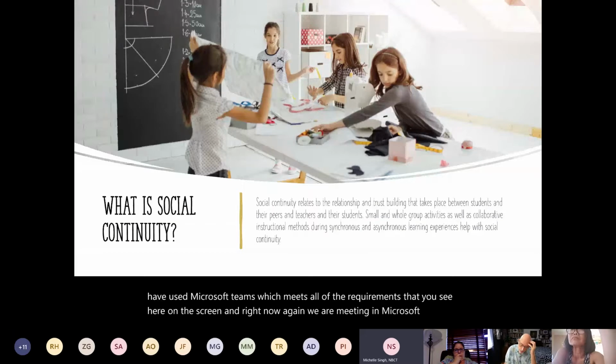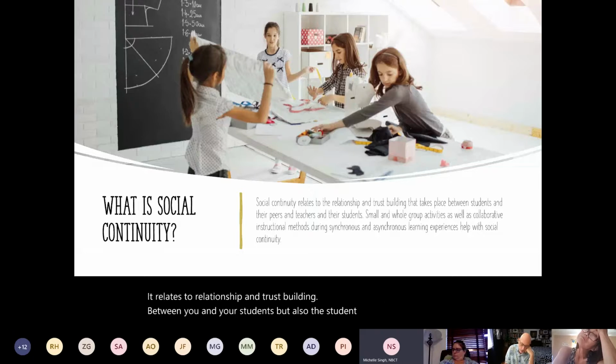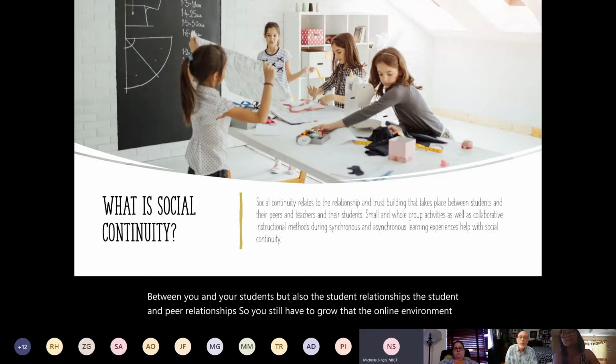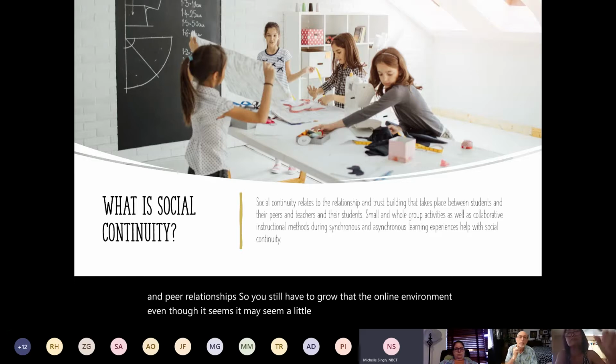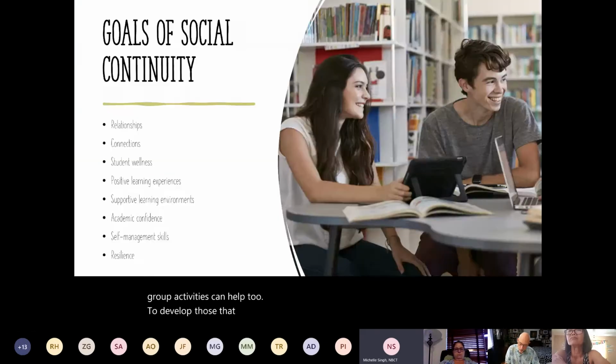So let's start with social continuity. What exactly does that mean? It relates to relationship and trust building between you and your students, but also student and peer relationships. You still have to grow that in the online environment, even though it may seem a little challenging. But small and whole group activities can help to achieve that social continuity, because relationships matter.